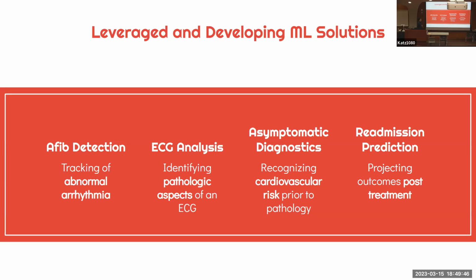We're going to look at asymptomatic diagnostics. How do we tell when somebody who's not presenting with any signs of cardiovascular failure is at high risk of cardiovascular failure? And then finally, readmission prediction. How do we know how patients are going to perform when they leave the hospital and leave our imminent care? Are they going to be back in 3 days? Because if they are, we should probably give them prophylactic treatment, or treat them for whatever they're coming back for, before they leave.